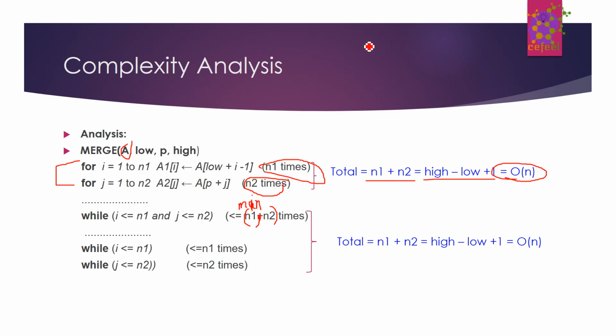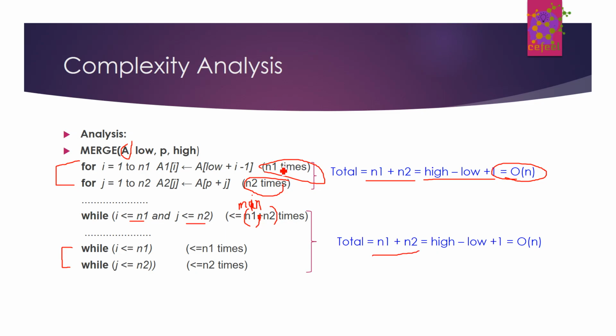So the first while loop actually runs the minimum of n1 and n2 times, whereas for the extra elements, of these two while loops, only one of them does any work, because either i would have reached n1 or j would have reached n2. So in short, the number of comparisons that is made is just n1 plus n2.